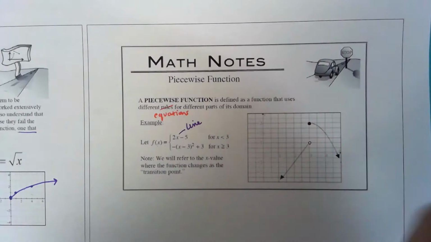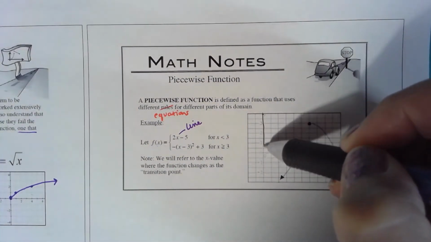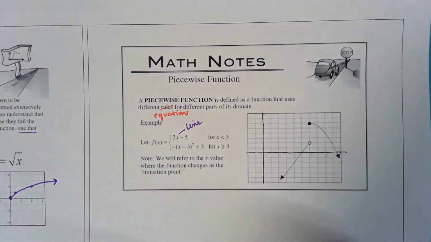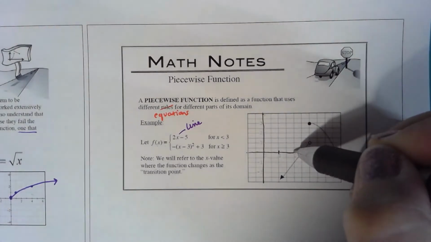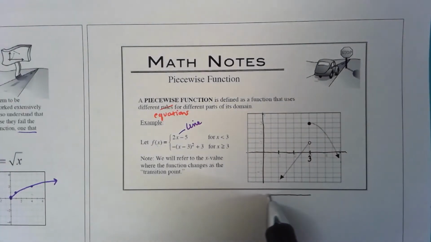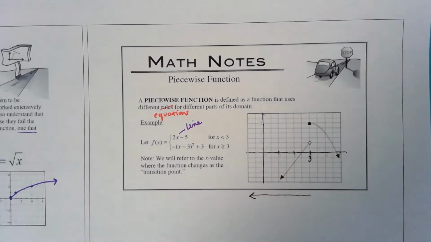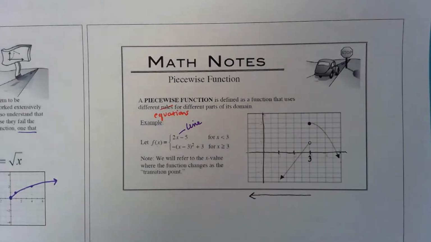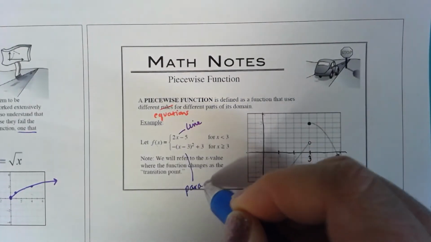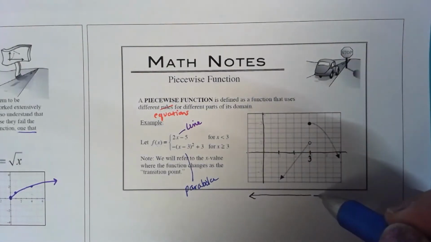So here's my x and y axis. Let me make these a little bit darker. And here's 1, 2, 3. Do you see how to the left of 3 we have the line? And then the second rule says we've got this graph, which is a parabola or a quadratic, to the right of 3.